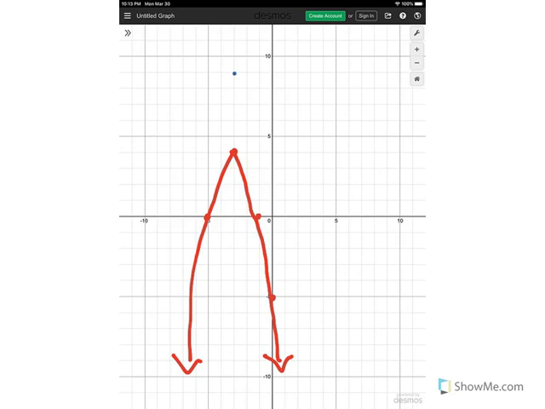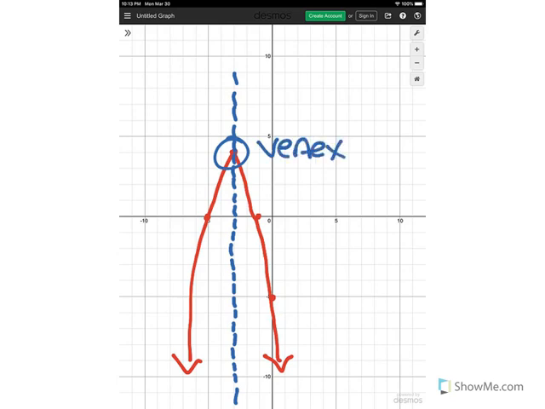And we got a dotted line going through that vertex to represent that axis of symmetry. So you see here, that point is our vertex. I'm just reiterating. It's at -3, +4.